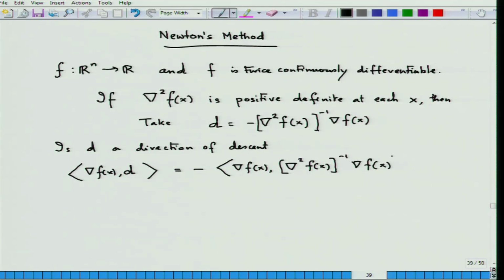Now if A is positive definite, so is A inverse. So, this being a PD matrix, positive definite matrix, PD for positive definite, this would become negative, and hence this would give you a descent direction. This direction is often referred to in the literature as the Newton direction. We will come to why it is called the Newton direction, but we have a few questions to answer before this.